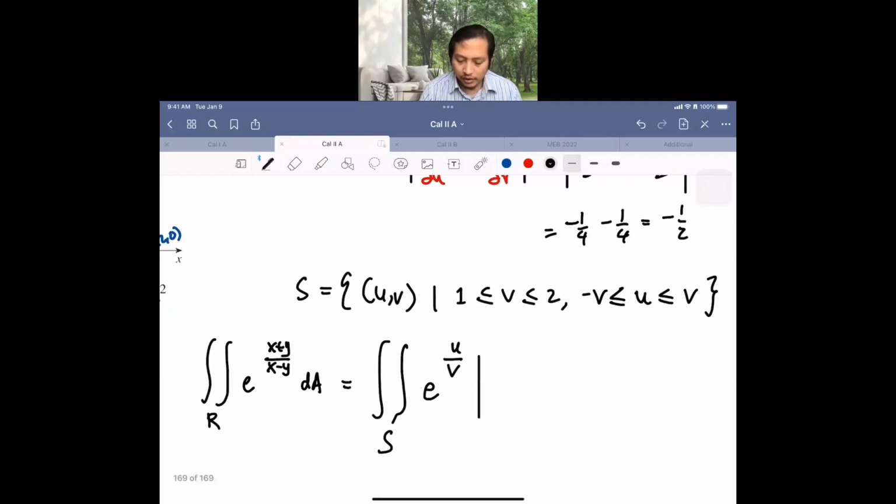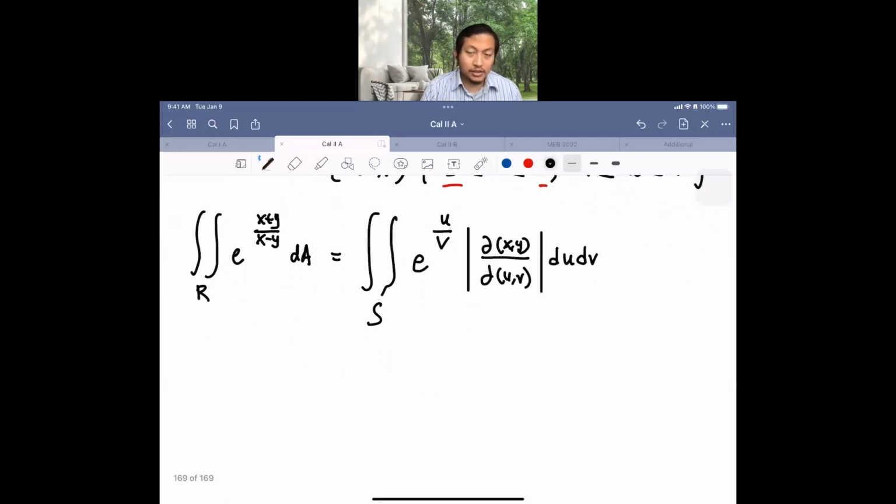Let me write it completely. And then, as I said before, we take du and then dv. So dv will be the outside integral, because it's a constant. But sometimes you can also think about which order you want to solve first. It depends on the case you have.